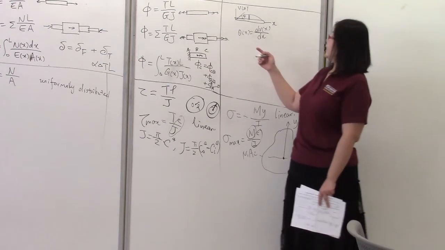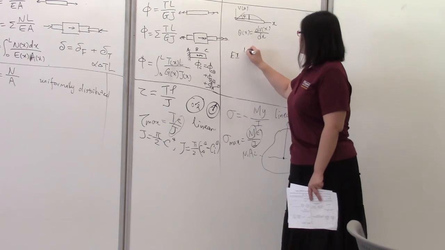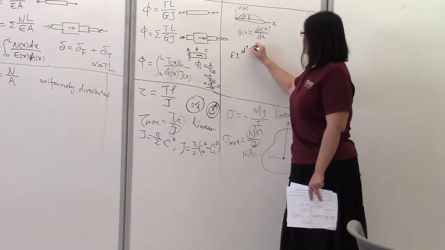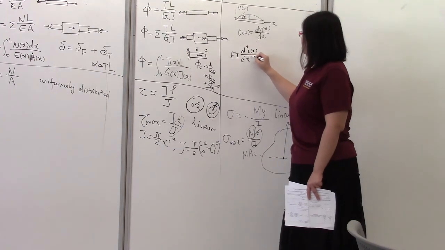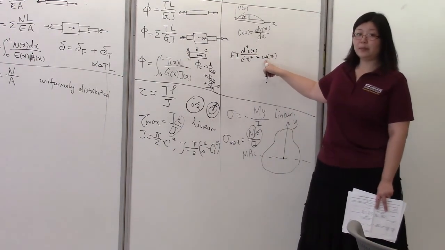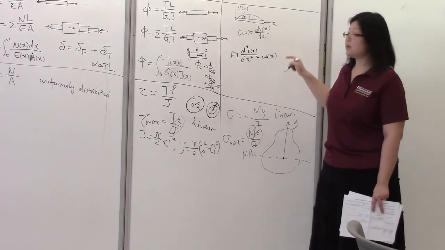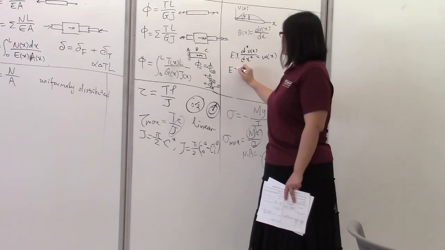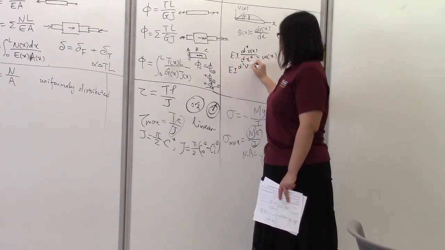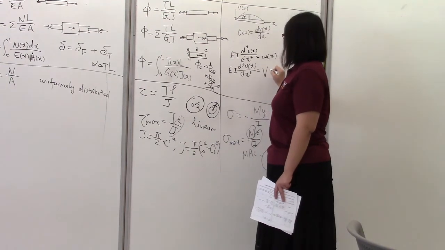Just want to quickly remind you that for method of integration, you can either start with the 4th order differential equation of V that equals the distributed load w, which is positive when the load is upward, negative when it is downward. Or you could start with the 2nd order differential equation, but I'm going to write down all of them.